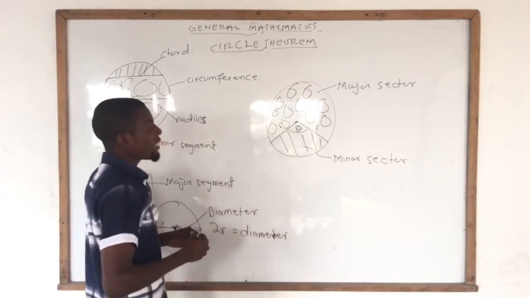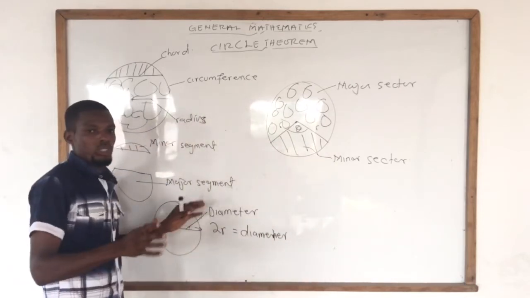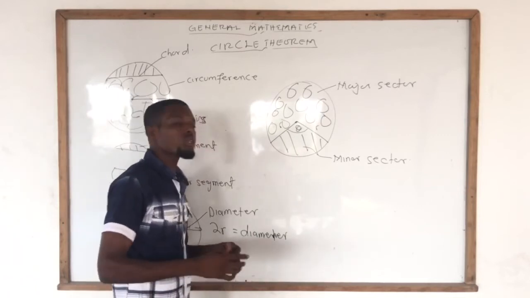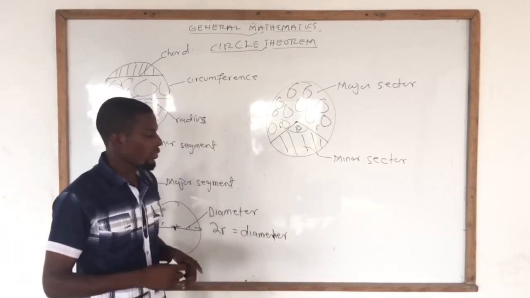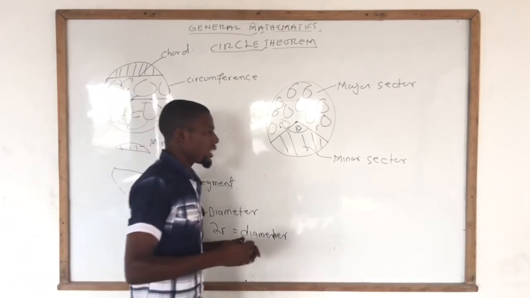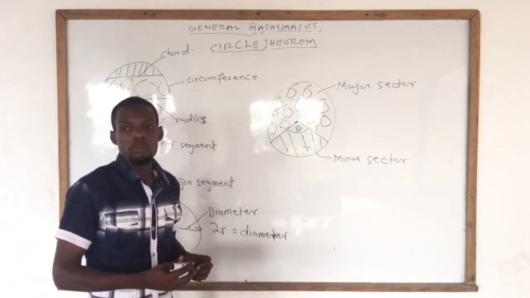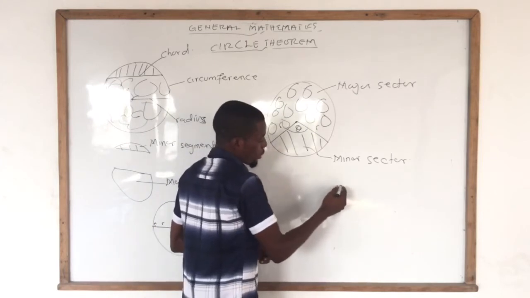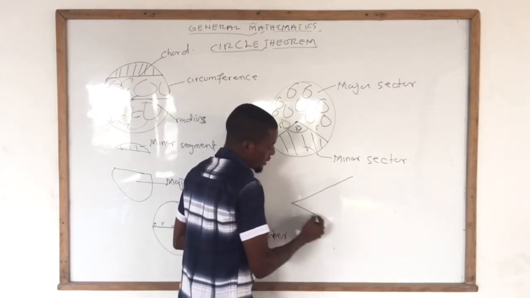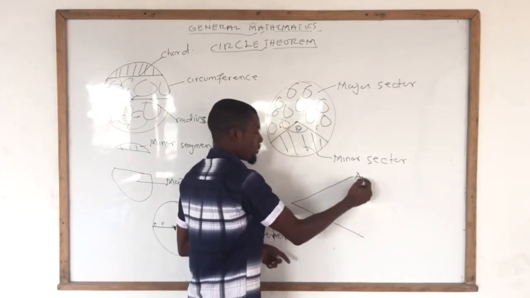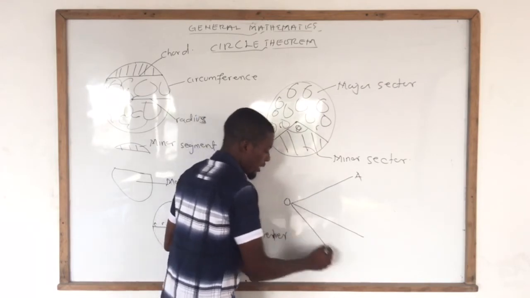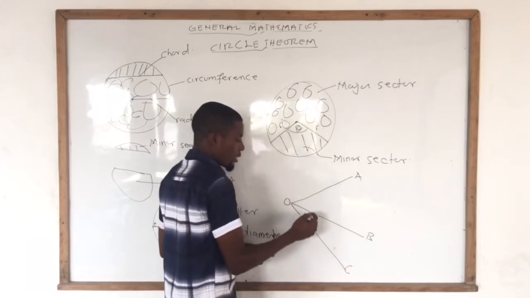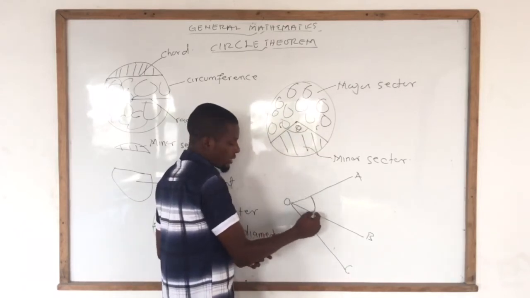Alright, and another thing I want you to note before we move on to the main lesson is how to read angles. That is one of the problems students usually have. Supposing I have points A, B and C and an angle like this, say theta.